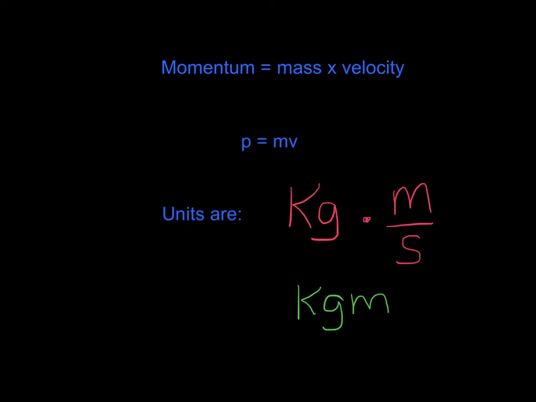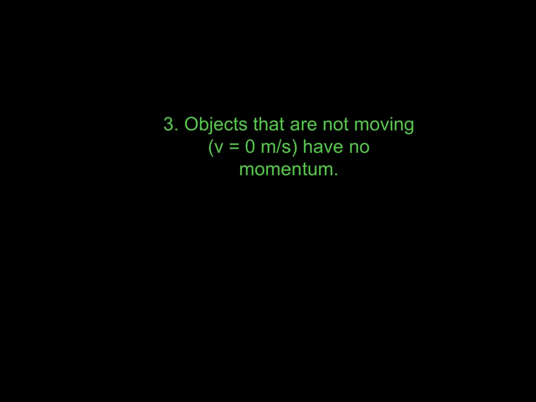Kilogram meters per second. These are the units for momentum. And there's one more thing that we should add to our definition of momentum. We need to realize that objects that are not moving, objects whose velocity is zero, have no momentum.